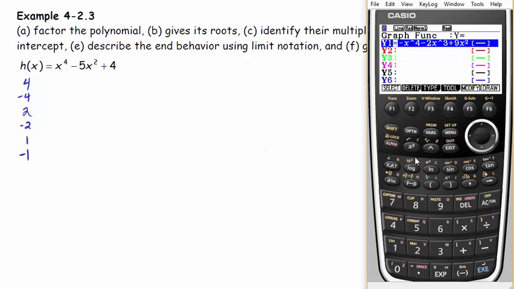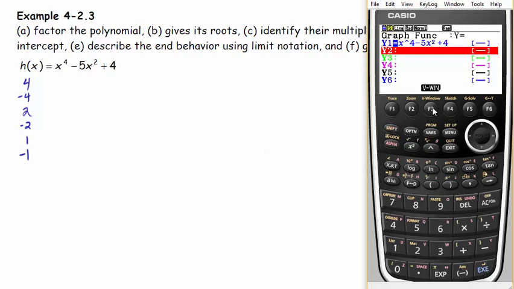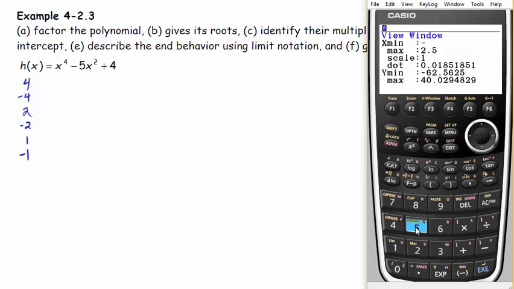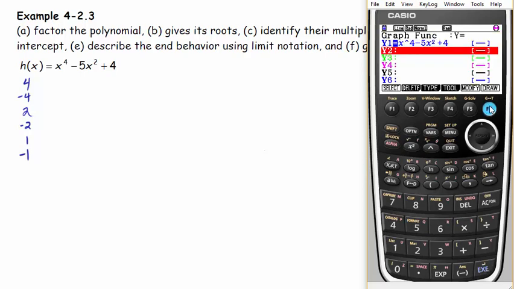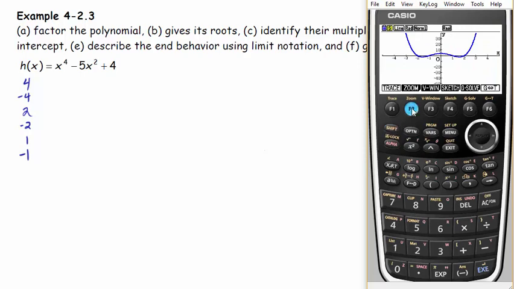So I'm going to enter my equation here into y1. And I'm going to pick a window here from -5 to 5, because that would cover all these potential roots here, and do a zoom auto.